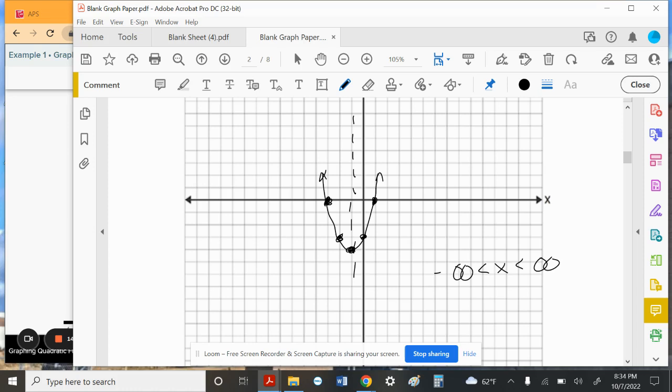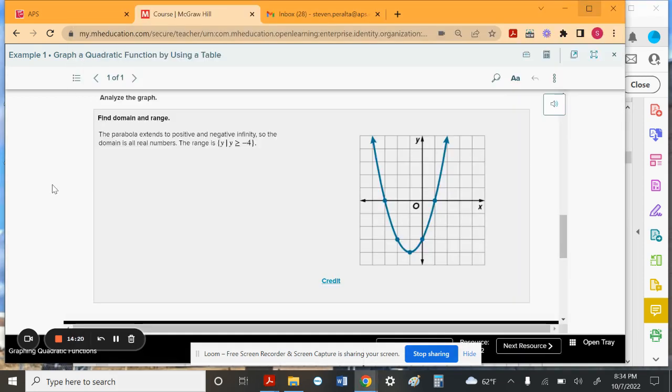And on the y value, notice that my lowest value is -4. So I have -4 and it's equal to it. So -4 is less than or equal to y, which is less than infinity because it goes all the way up to the top forever. And there's my domain and range.